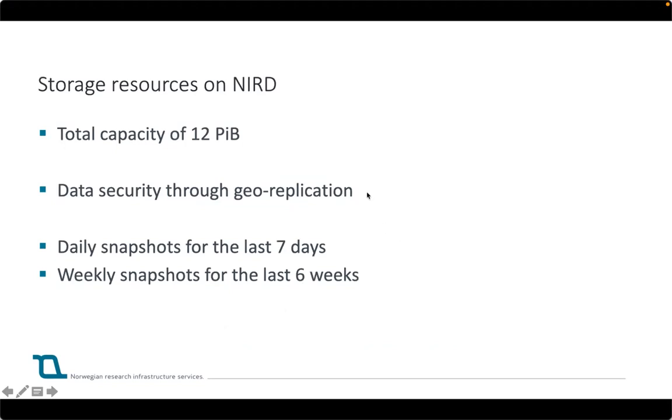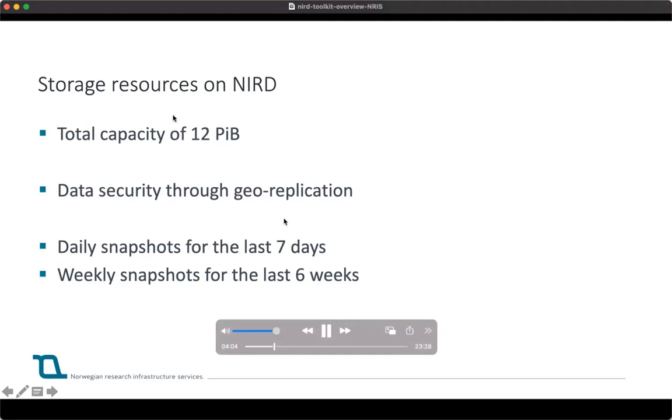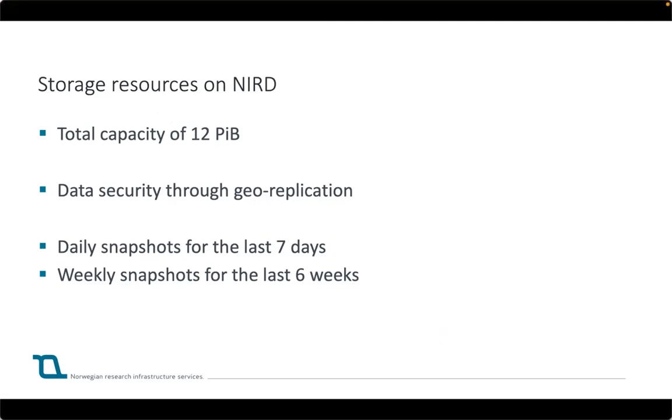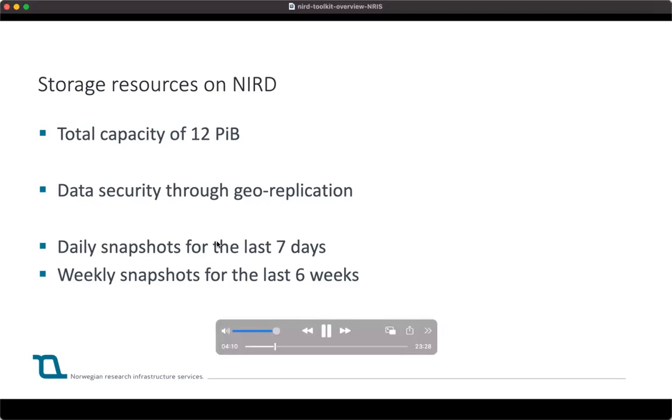So this storage resource on NIRD has a total capacity of 12 petabytes. The data is secured through geo-replication, so that we have replication of the data in 2 separate locations for most of the projects.